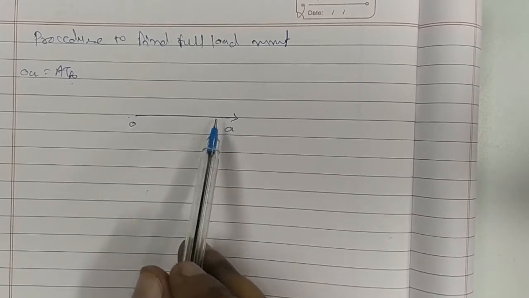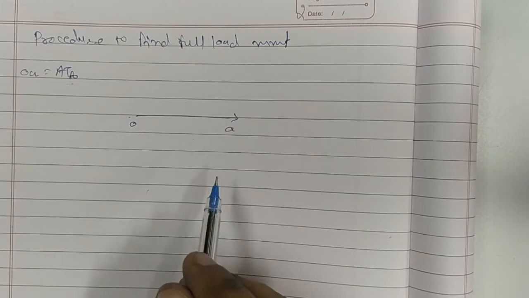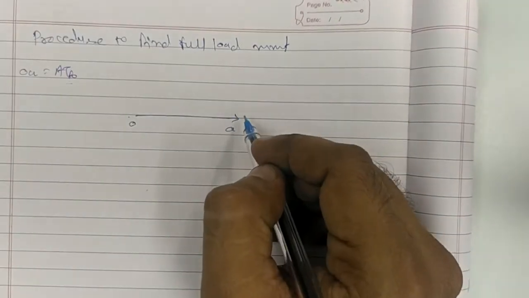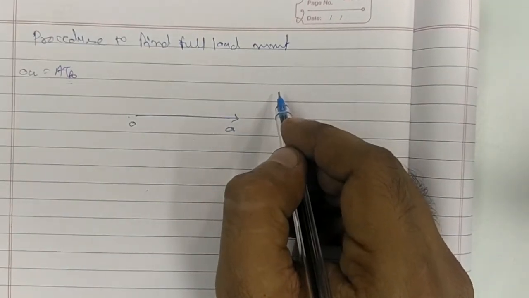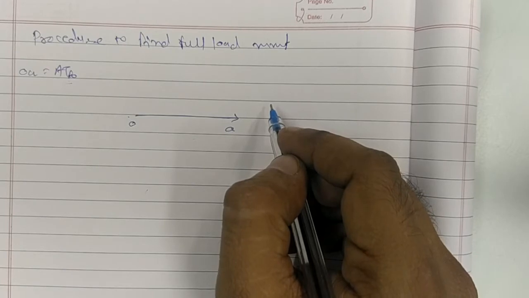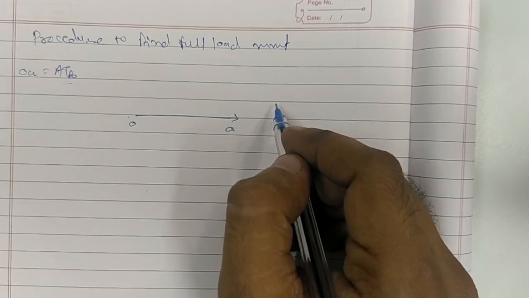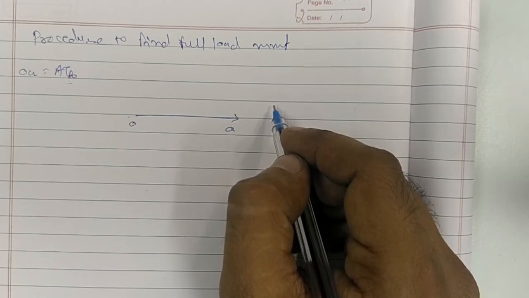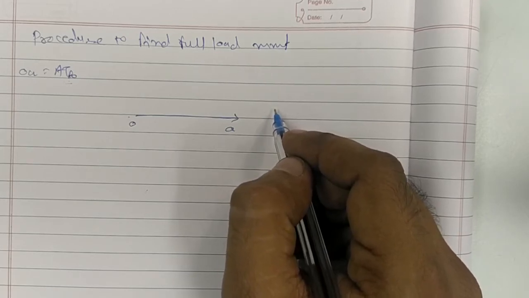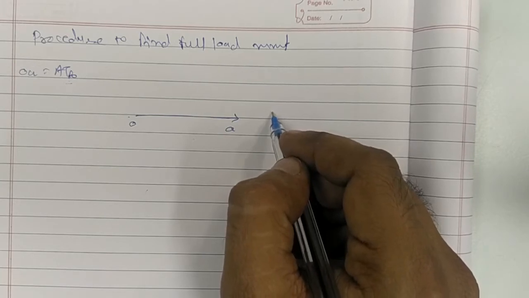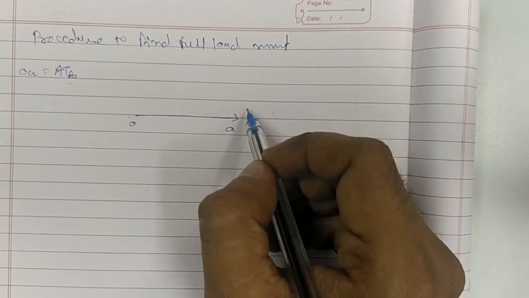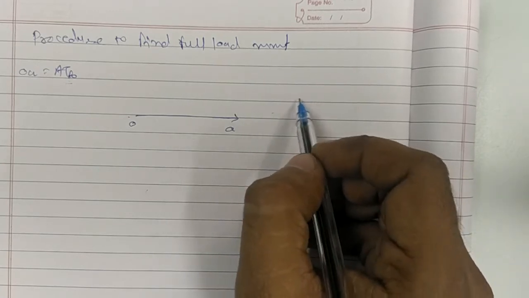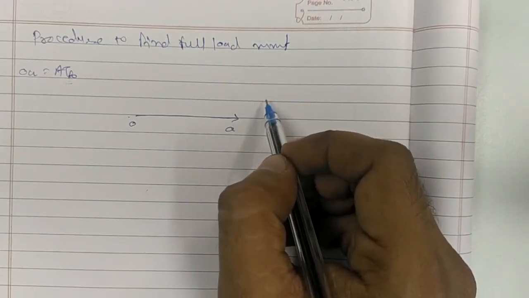Next step is to draw AB, or you have to locate one point B, and this will depend on the power factor, because for a synchronous machine, you know that if it is a motor, it can operate at any power factor, and in case of a generator, it depends on which type of load is connected. So over here we need to draw the ATA that we have calculated from the previous equation.